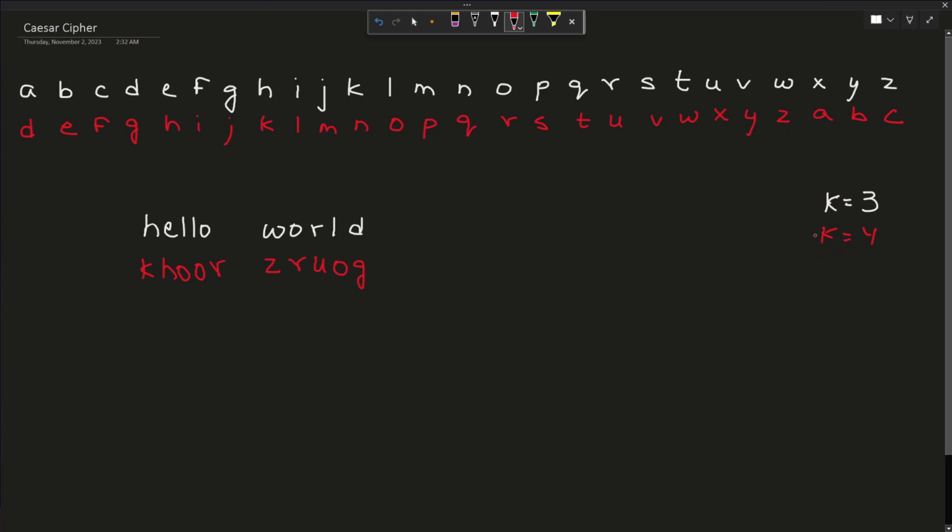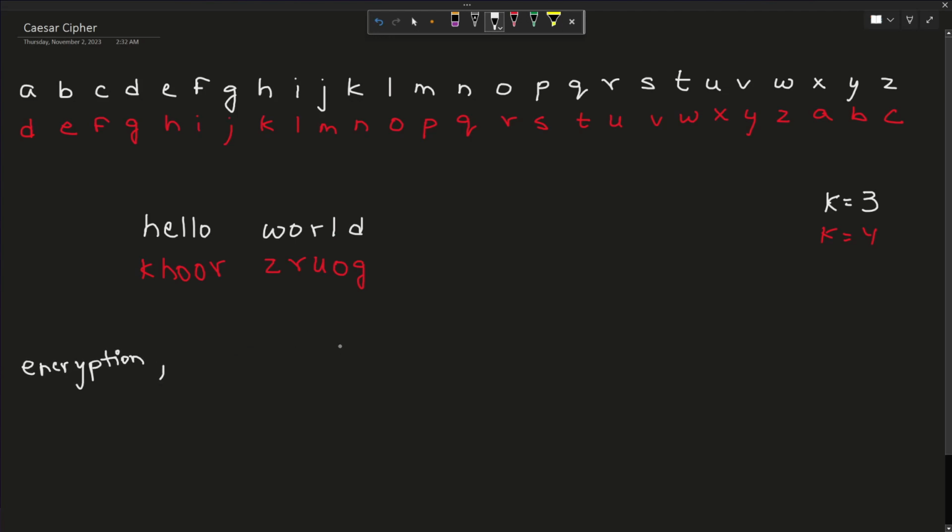Of course, you cannot keep writing this table down and everything like that. So we have a formula that we follow. Also, you can decrypt back. We look at the formula for decryption and encryption, both of them. So encryption. Let's say we have our plain text and we want to encrypt it.